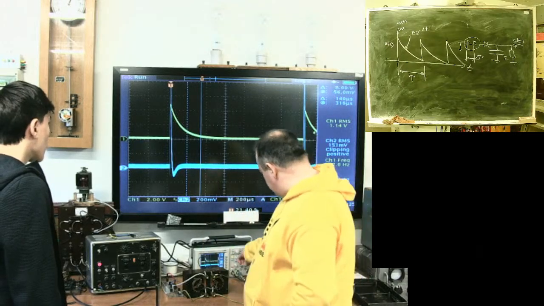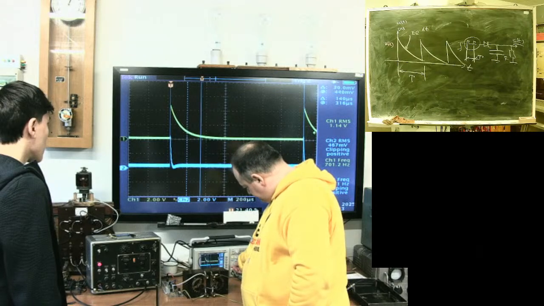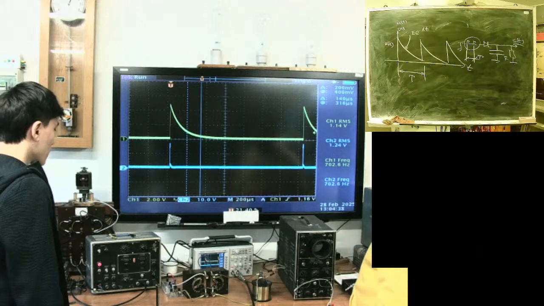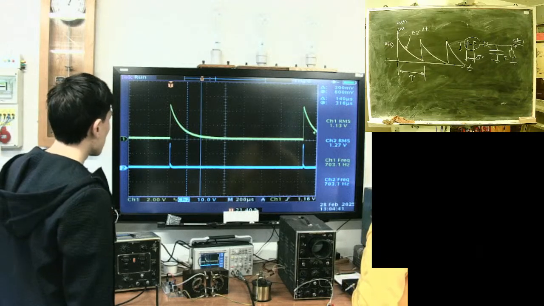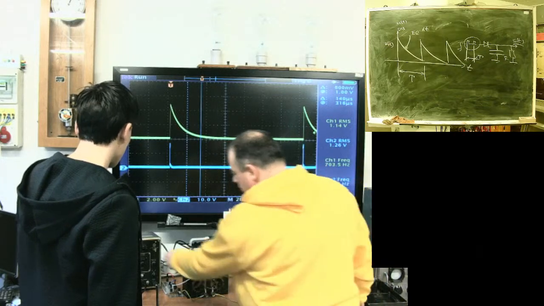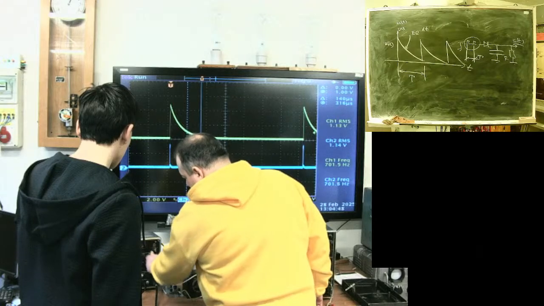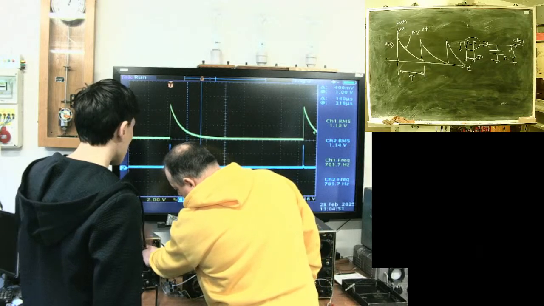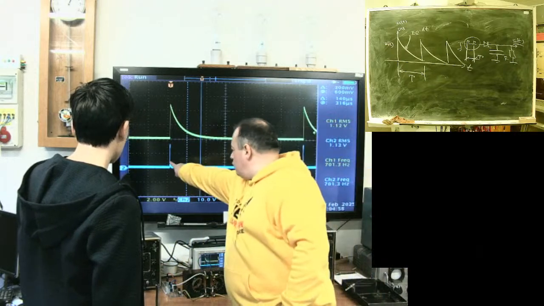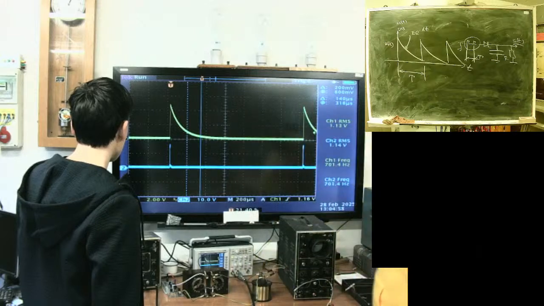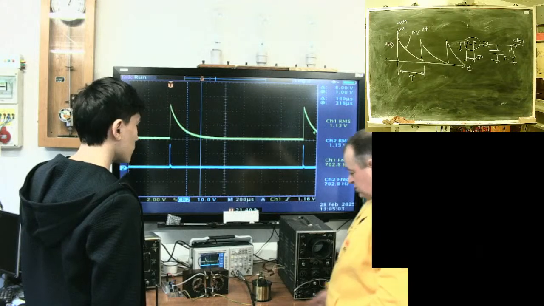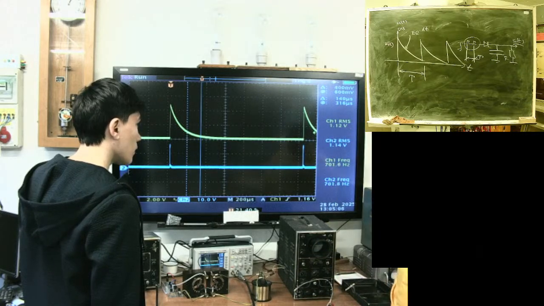Charging pulses. It's a charging pulse at the baseline. Each one is now 2 microseconds. Within 2 microseconds the capacitor charges, and then discharges through this resistance barrel.